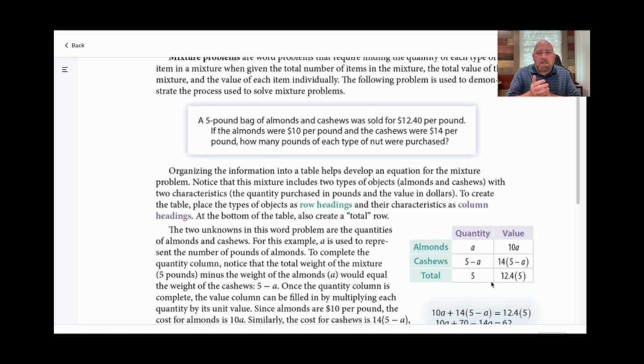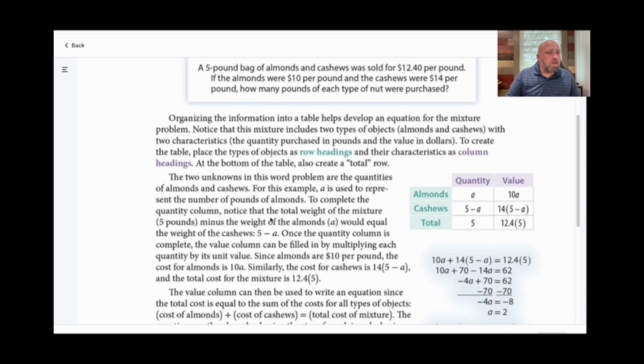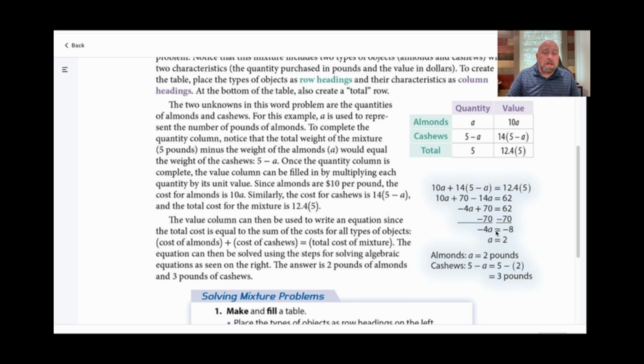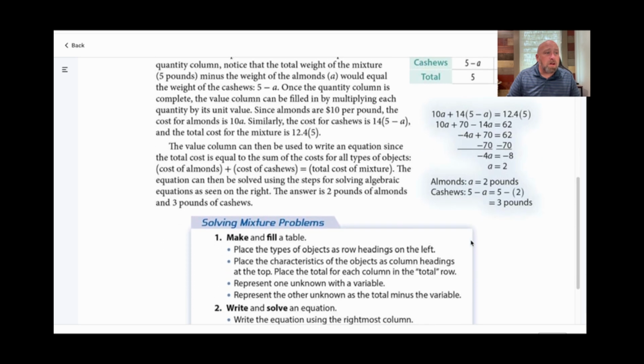I don't necessarily need you to build the whole table out exactly like the book does, but have some way of putting it down on your piece of paper so you're taking it out of the words. What we're trying to do is basically reduce how confusing all of this is and put it into something that we can visually see. Okay? So we want to do that, and then we want to plug it into an equation and then solve it.